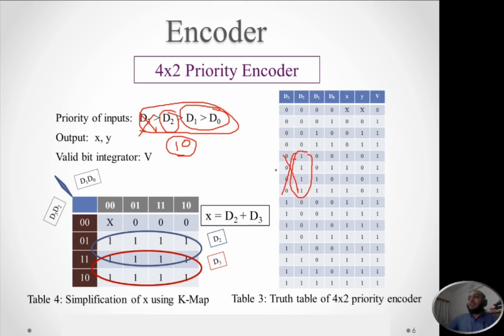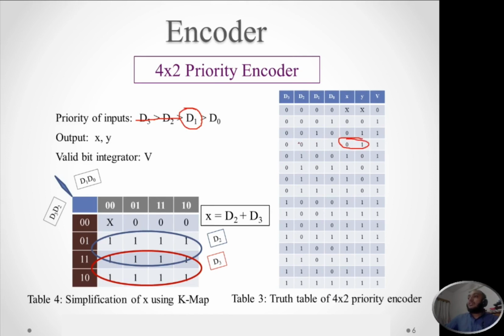So here D2 is present, whatever the inputs D1 and D0 are, we will set the output as 1 0. Again, if D3 and D2 are not present, but D1 is present, then we will set the output as 0 1.